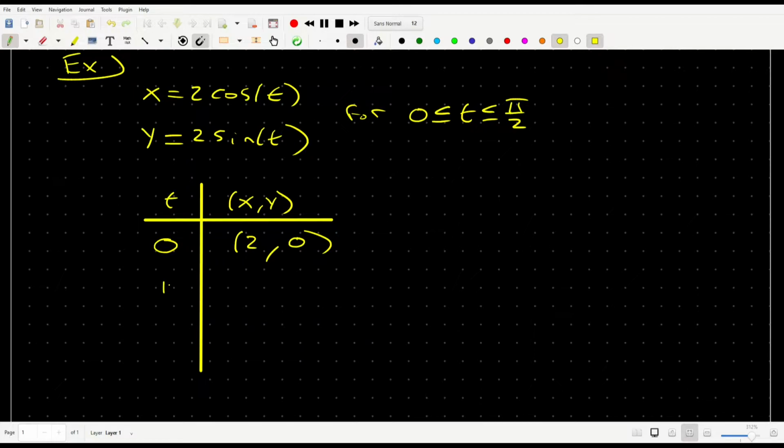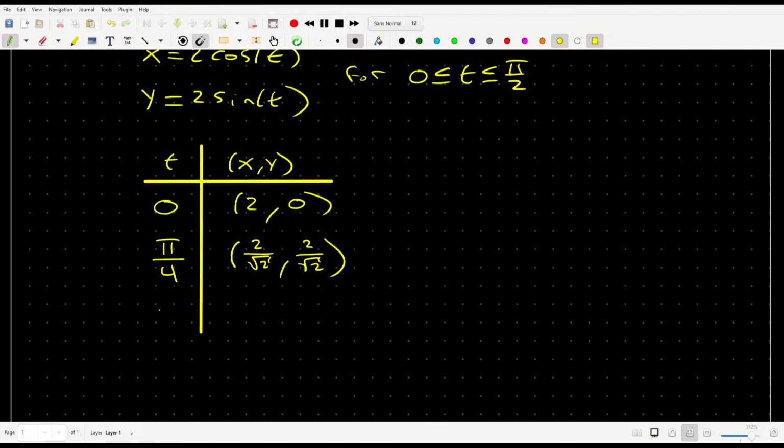So when t is pi over 4, the x coordinate is going to be 2 times cosine of pi over 4, which is 2 times 1 over the square root of 2, or 2 over the square root of 2. And the y coordinate will also be 2 over the square root of 2, because the y coordinate will be 2 times sine of pi over 4, which is 2 times 1 over the square root of 2.